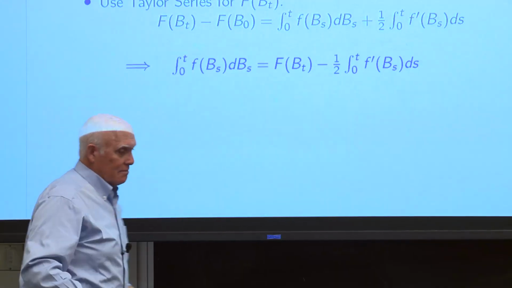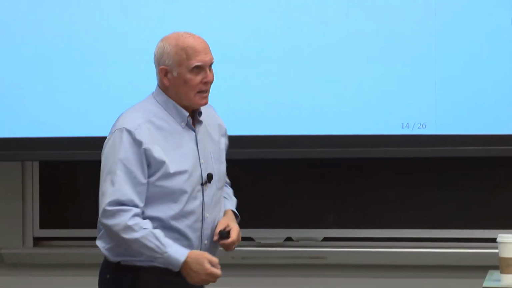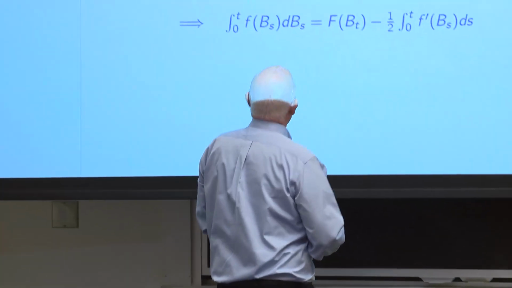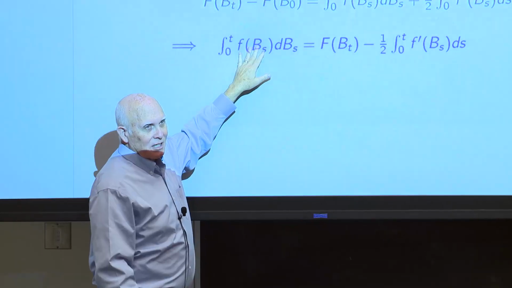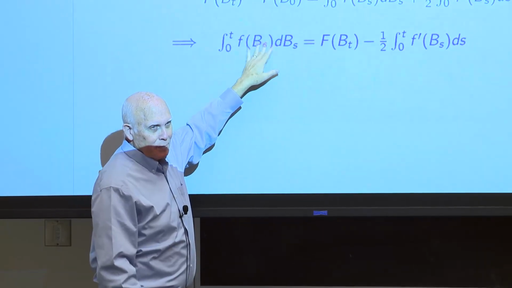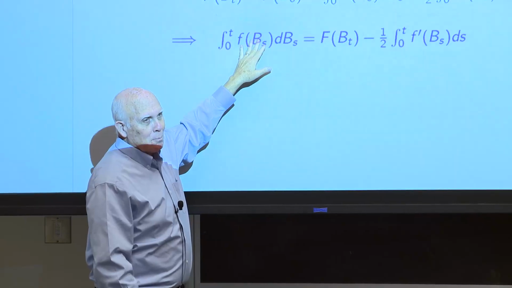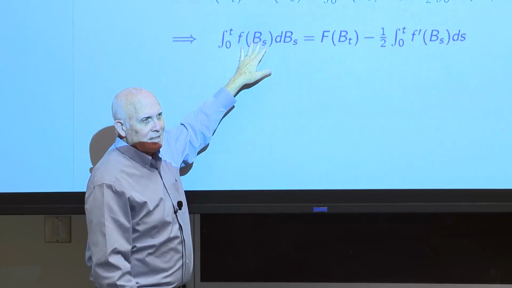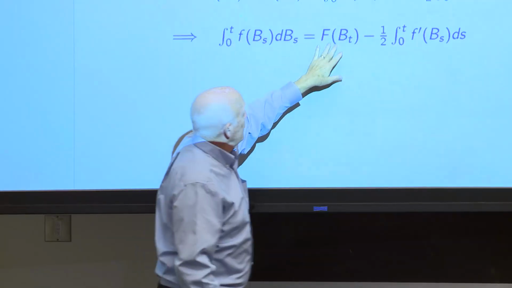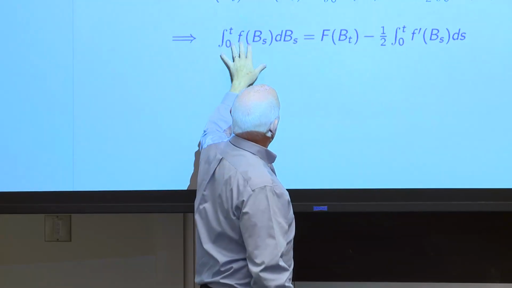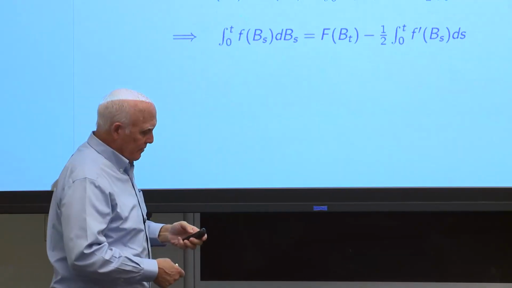So what's neat as a technique in stochastic calculus is that if we want to integrate a function, little f, of Bs dBs, then we can just apply Ito's formula in reverse and characterize it as the antiderivative of little f at Bt minus a half that integral, defining the antiderivative to have F of 0 equal to 0.